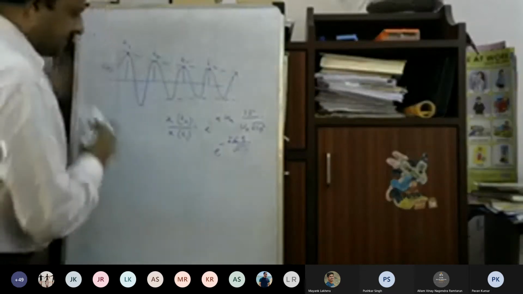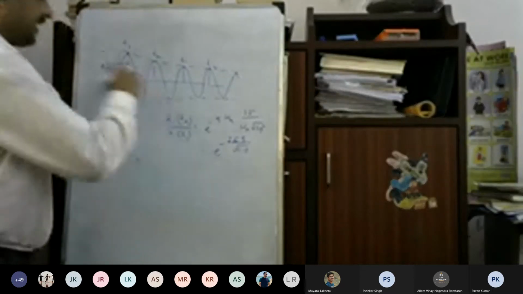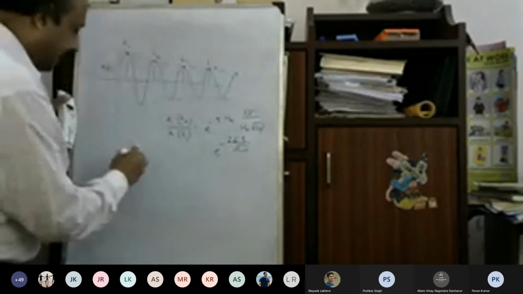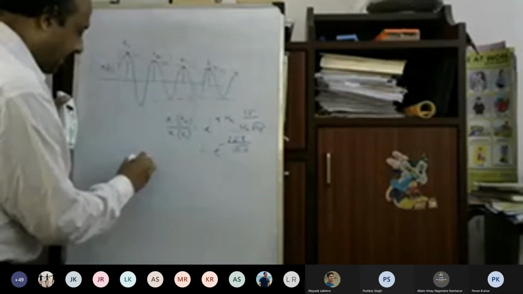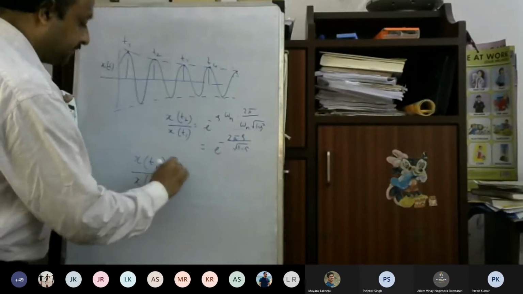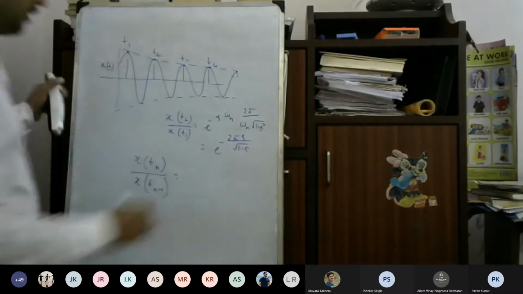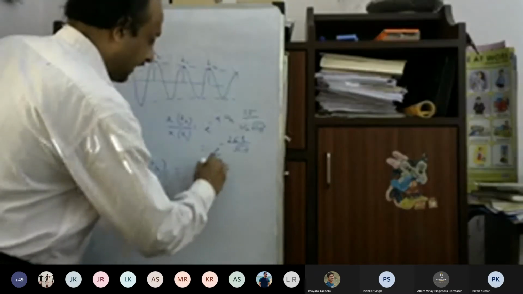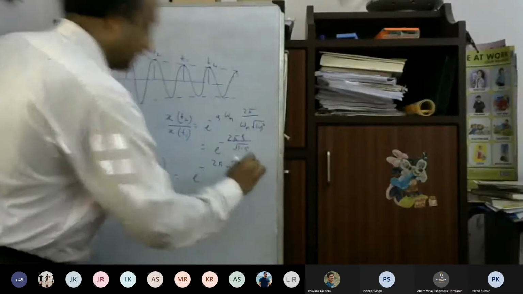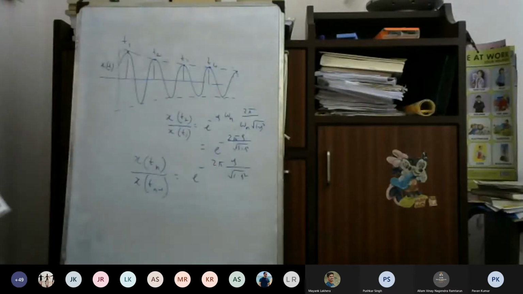So now if you consider the peak response, x(tn) by x(tn minus 1) will be equal to e to the power minus 2 pi zeta divided by under root 1 minus zeta square.